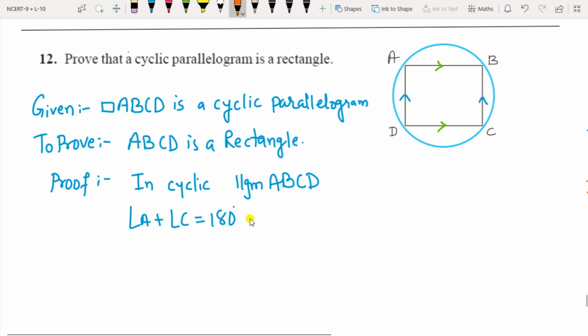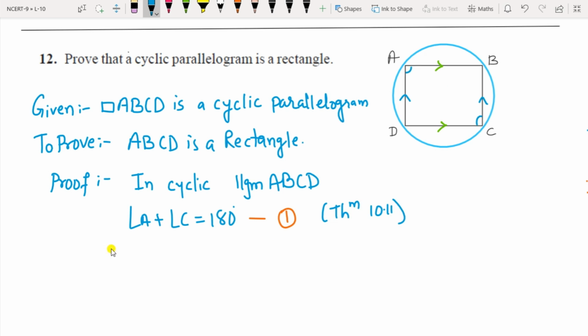That is equation 1. That is because of theorem 10.11, that the sum of either pair of opposite angles of a cyclic quadrilateral is 180. So angle A plus angle C is equal to 180.